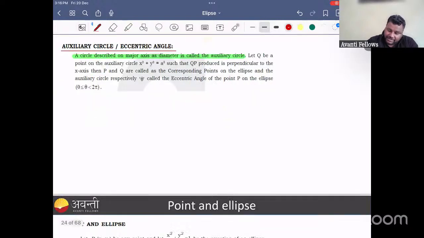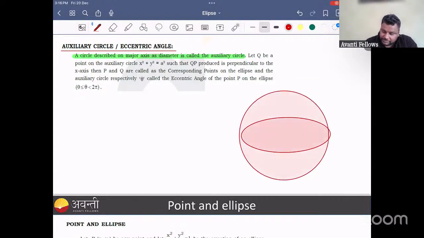Means if this is the ellipse I have, and now I draw a circle taking the major axis as diameter, like this.